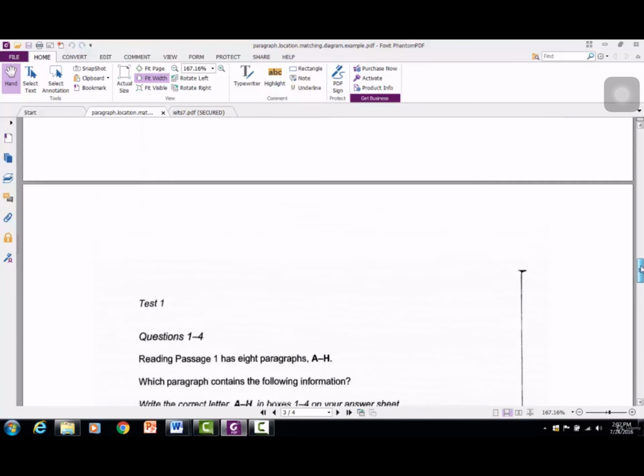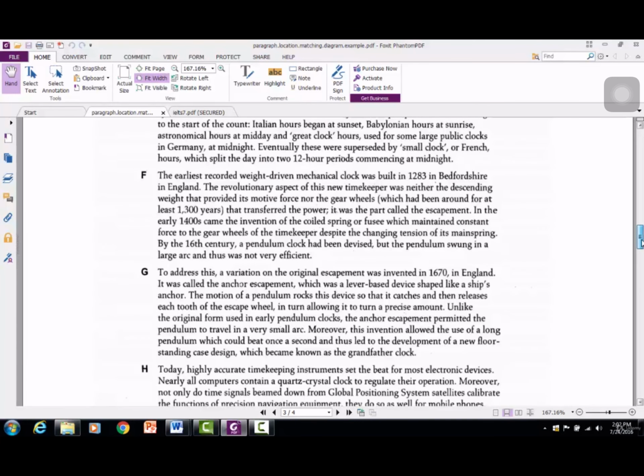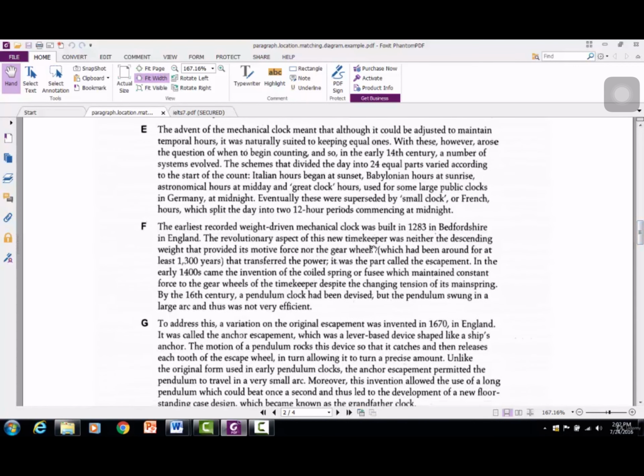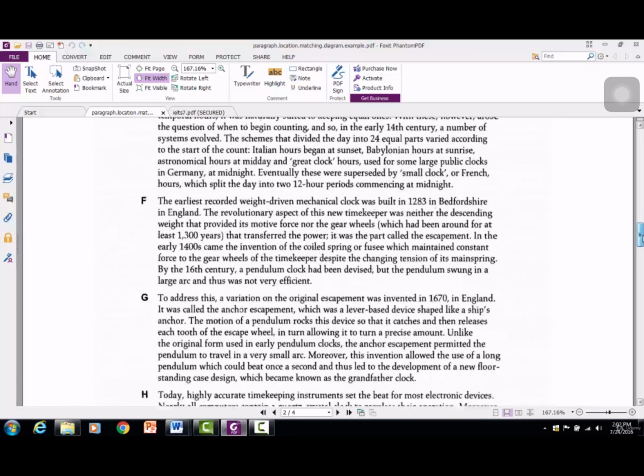Okay, and also when I was in this paragraph about England, there's England right there.